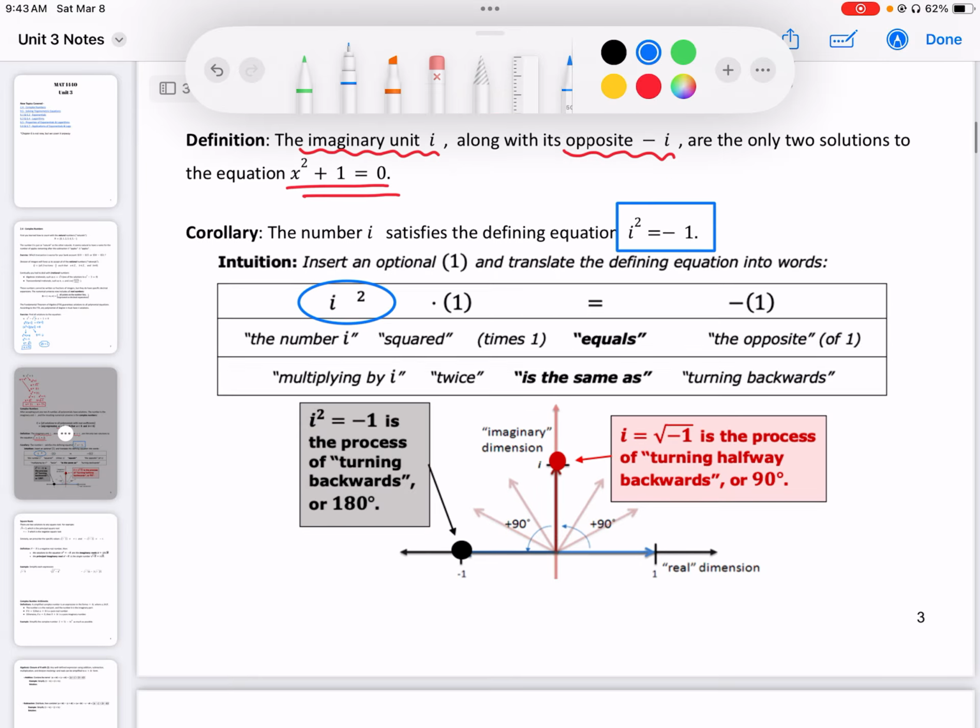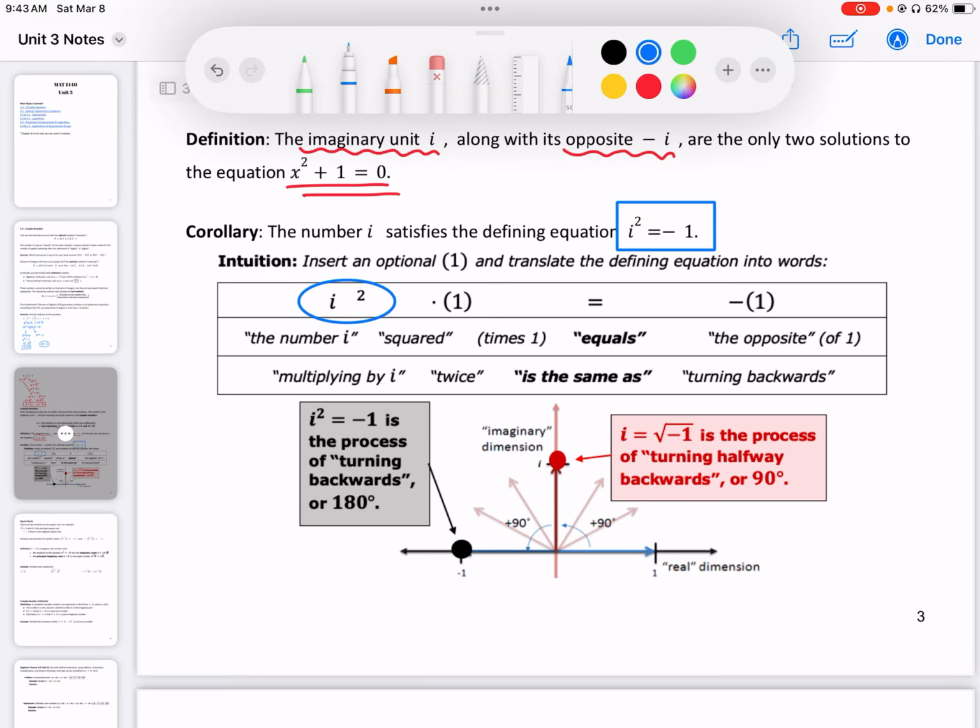So the number i squared is going to be the opposite of 1. And so multiplying i twice is the same thing as turning backwards, turning backwards 180 degrees. i being the square root of negative 1 is turning halfway backwards, or going to 90 degrees.